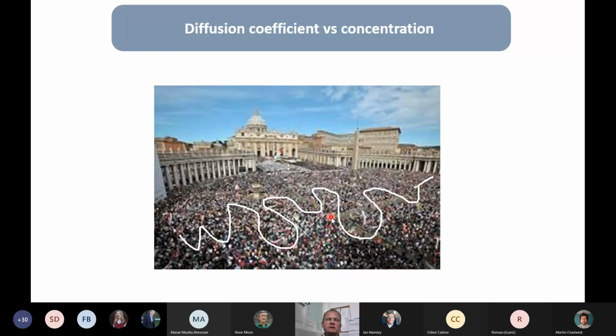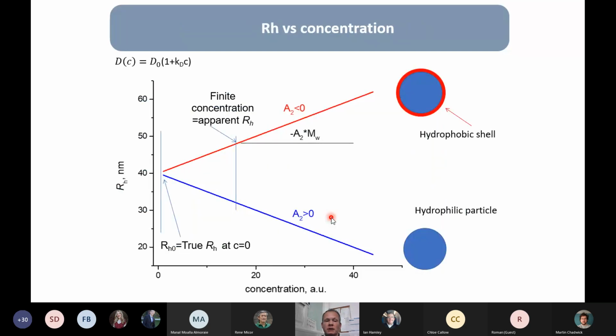So if you have a very concentrated solution, above C star, you can't measure the real diffusion coefficient, but you're measuring the so-called apparent diffusion coefficient, right?